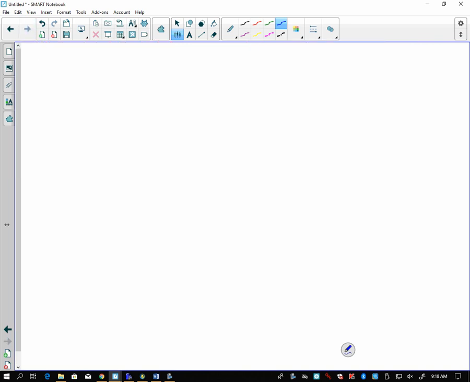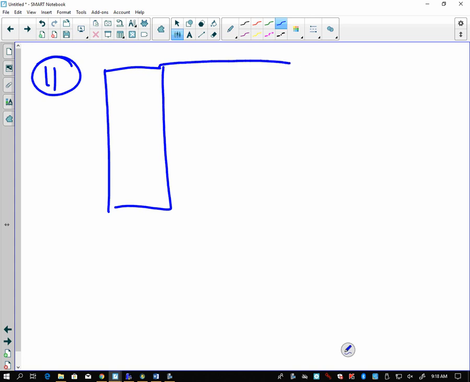11 is going to give you a stem and leaf plot. You guys familiar with stem and leaves? Okay. It's going to give you a stem and leaf plot, and you're going to be asked to list the data from the set in numerical order.